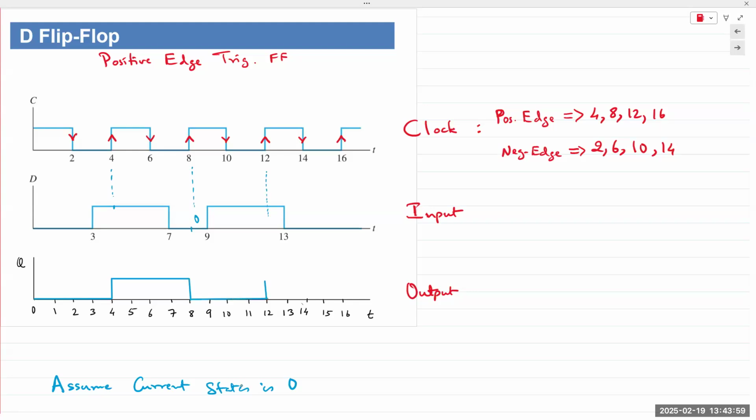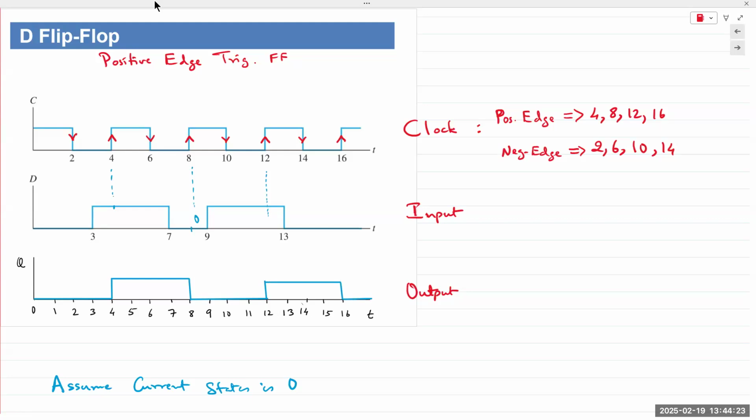Then finally at 16, the output drops to 0. Steps make sense?